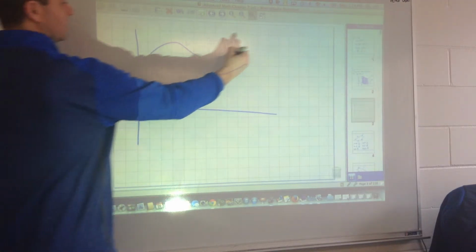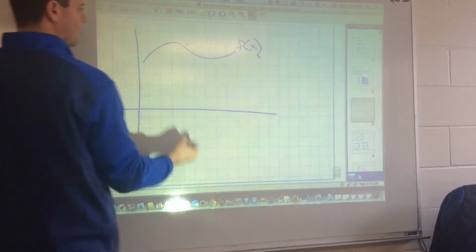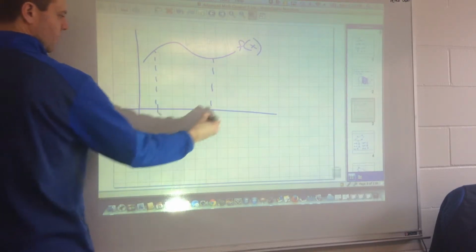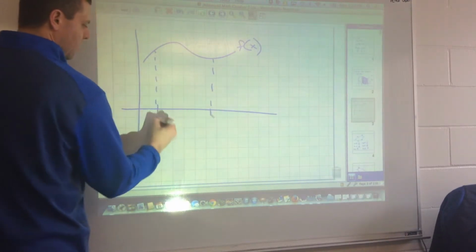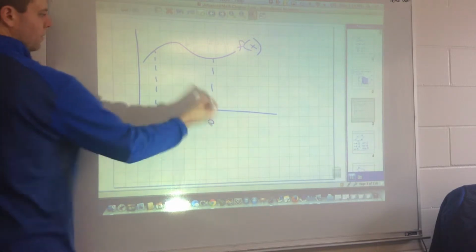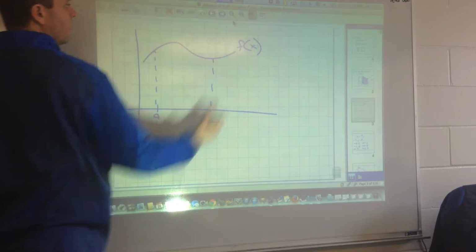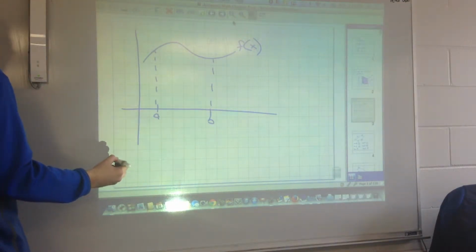Let's say this was f. If I found the area under the curve of f of x from A to B, that would give me all of this. I'll use a different color here for your sake.